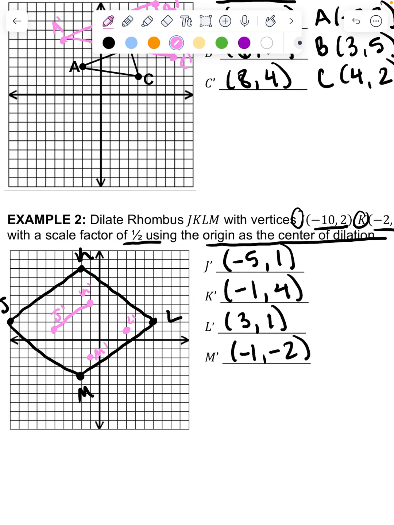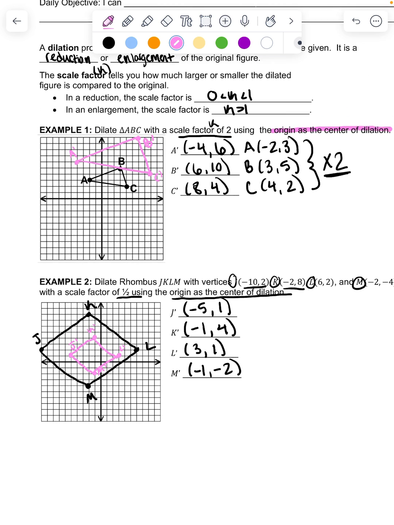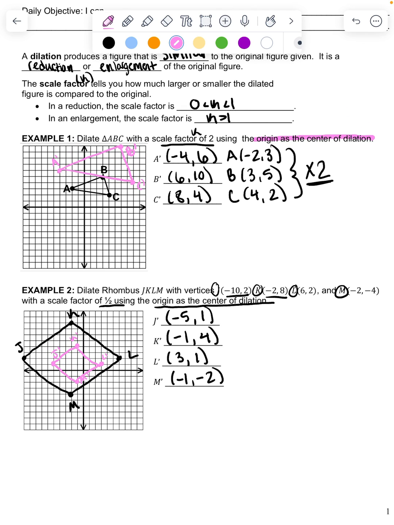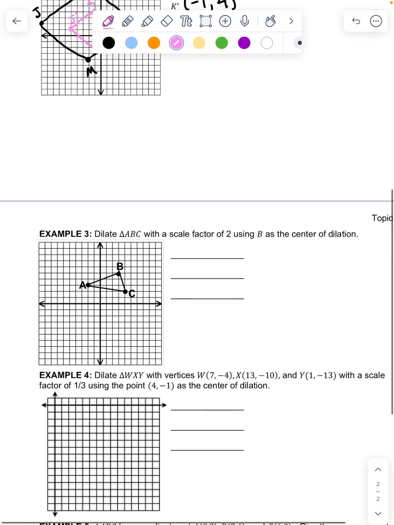Cool. And there we have our new image. Okay, so notice it shrunk, and it shrunk by a factor of 2. So the dilation was 1/2. It got smaller. All right, so again, we are allowed to do that because the origin was the center.